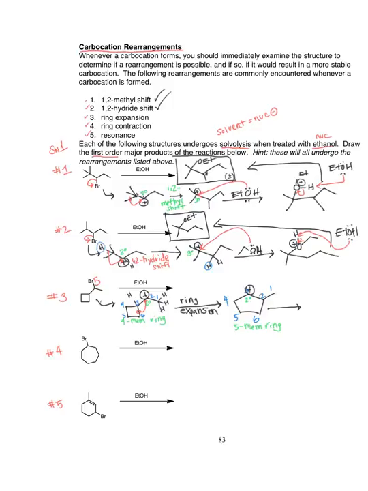So we're ready to complete our solvolysis by taking our ethanol and using it as a nucleophile to attack our new carbocation. And we have a methyl here, right? And then we have our O with all the good stuff attached that made it ethanol. And we got to neutralize that.